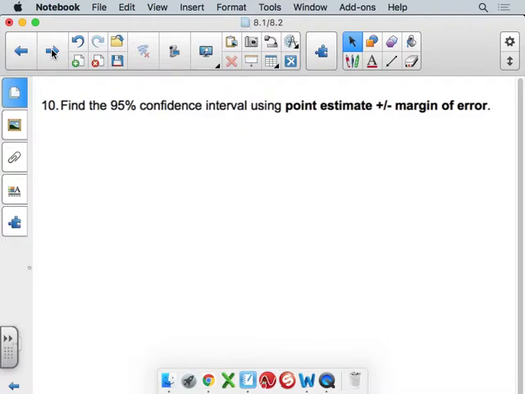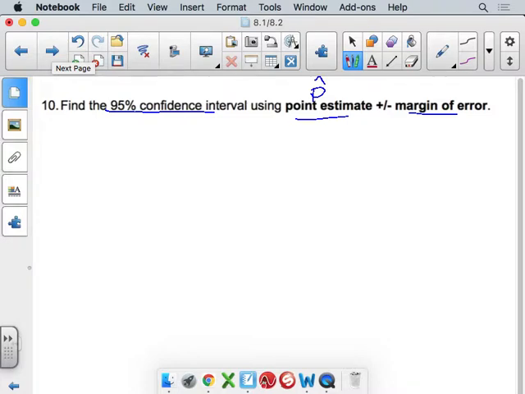Find the 95% confidence interval, and we're going to use our statistic plus or minus margin of error. Our point estimate is our p hat.